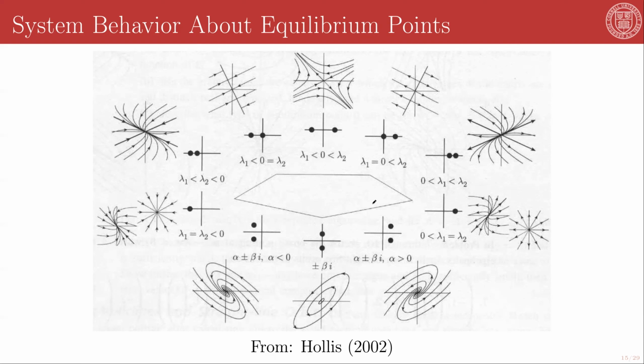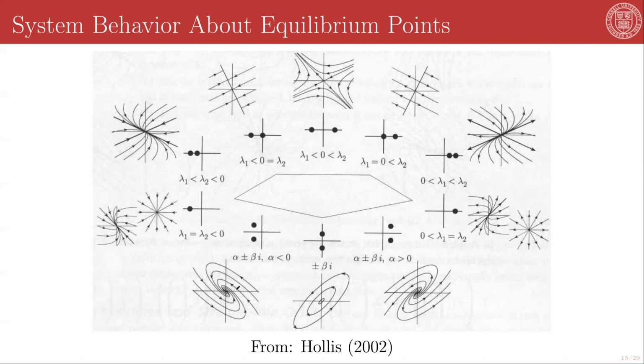And the punchline is, if we want an equilibrium point to be linearly stable, it has to have real values in the left-hand plane. And so we get various forms of sinks as shown here and here and here.